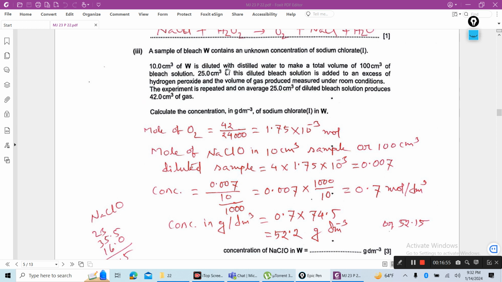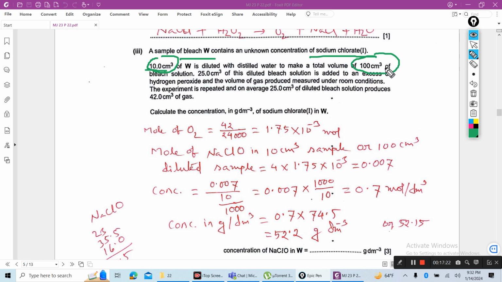Number 3, a sample of bleach W contains an unknown concentration of sodium chlorate 1. 10 cm cube of W is diluted with distilled water to make a total volume of 100 cm cube. That means 10 cm cube of concentrated solution is diluted to 100 cm cube.